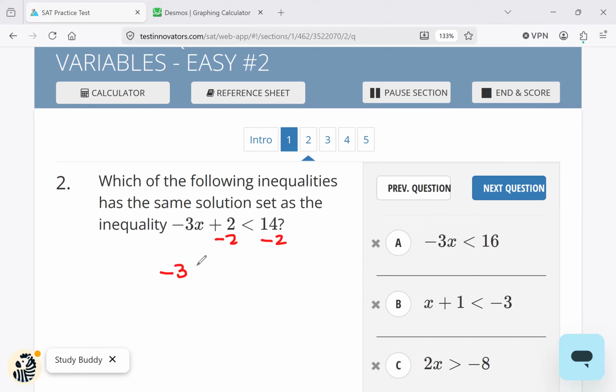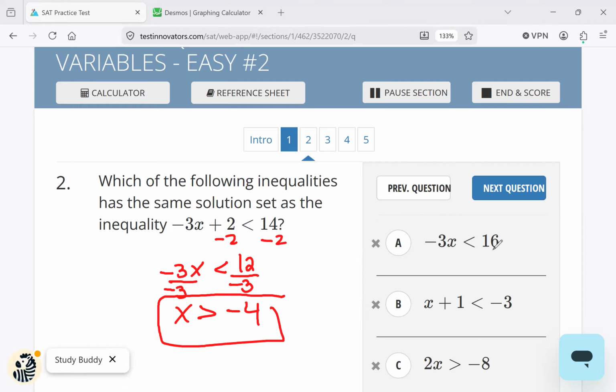You get -3x less than 14 minus 2 is 12. And then divide this by -3. Now be careful. Remember when you divide or multiply by a negative in an inequality, you've got to flip the sign so it's going to be greater than, right? -4. And which of these inequalities are equal to x is greater than -4?